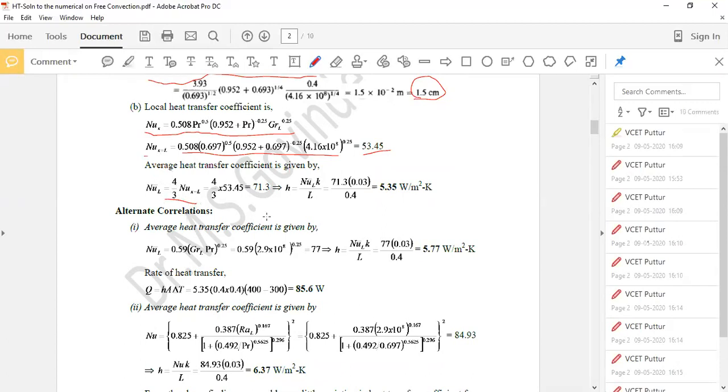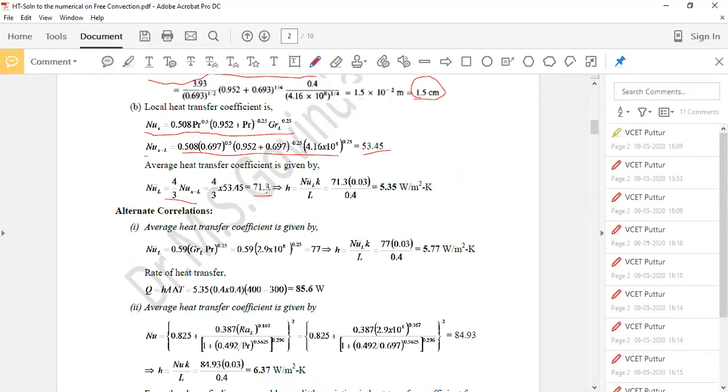Average Nusselt number is equal to 4 by 3 Nusselt number at x is equal to L. So therefore, 4 by 3 value you have to multiply to the Nusselt number corresponding to x is equal to L. So you will get average Nusselt number.